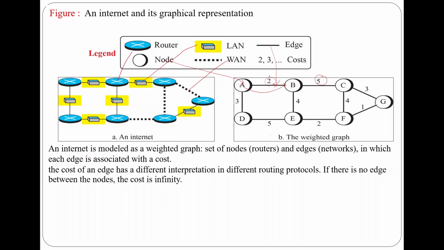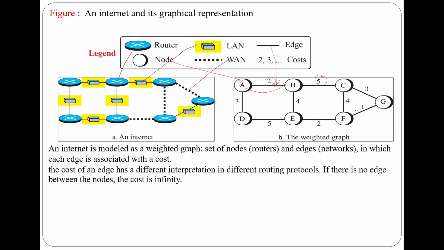We can see on the LAN we have defined some numeric value. This numeric value represents the cost of the path. So what is the cost? Cost here represents the cost in terms of delay. This particular path provides a delay of 2. Here the delay is 5. Here the delay is 3. Whenever there is communication between these two particular routers, the delay is 3.